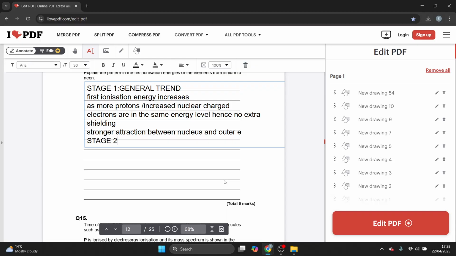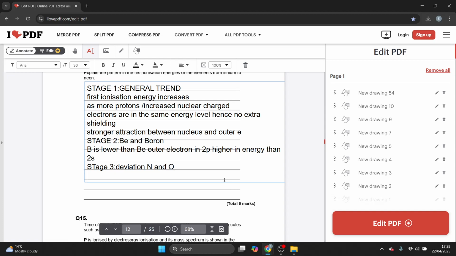Stage 2, deviation. Beryllium and boron. Boron is lower than beryllium. Outer electron in 2p, higher in energy than 2s. Stage 3, another deviation.